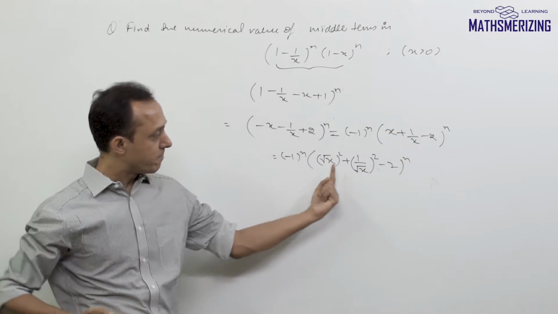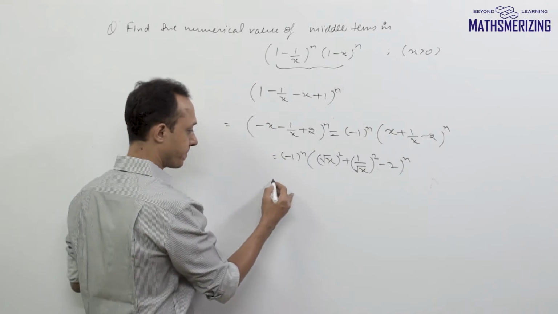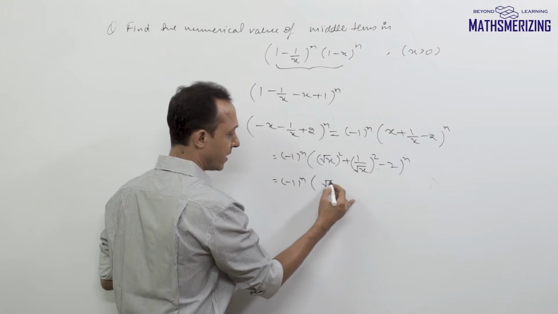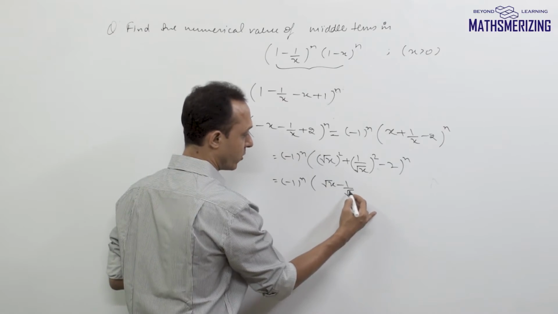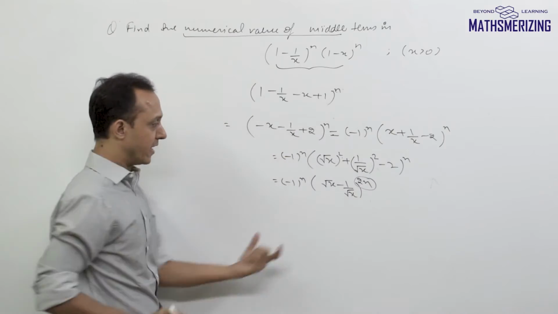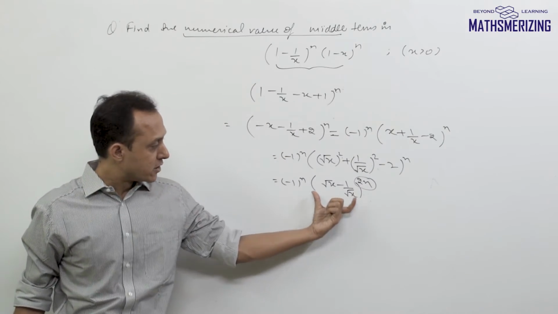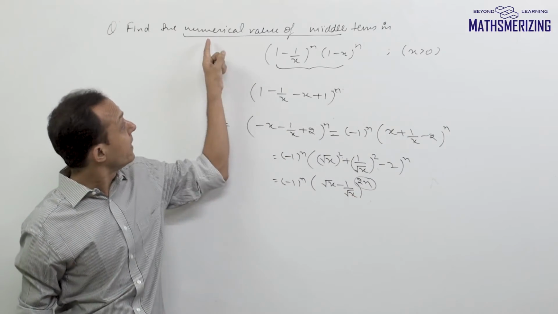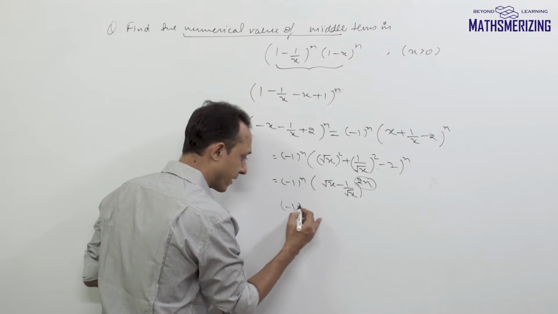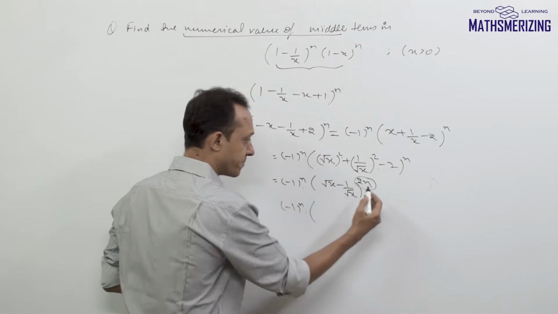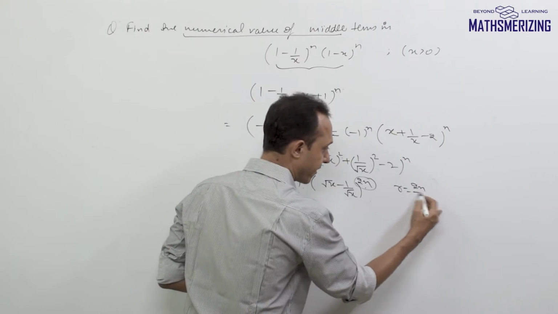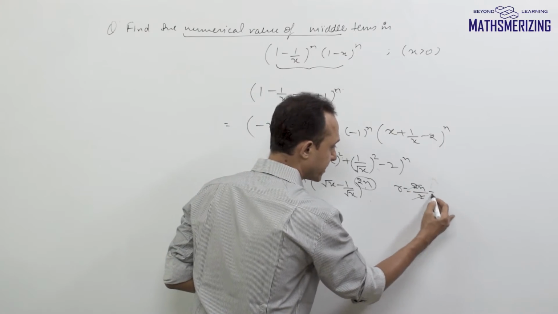Now this is a square plus b square minus 2ab, which is (minus 1)^n, and this is (under root x minus 1 upon under root x) whole square, and this square and n, so it will be 2n. Now, which is a binomial expansion. So for this binomial expansion, I'll need to find the numerical value of its middle term. So this (minus 1)^n will get multiplied, and then its middle term will be given by, since n is even, which is 2n, so the value of r will be 2n by 2, which is simply n.